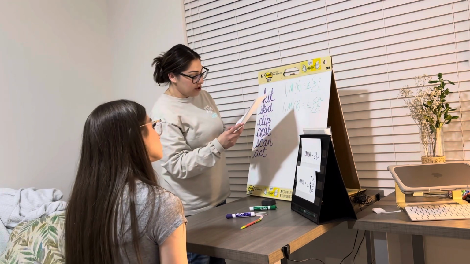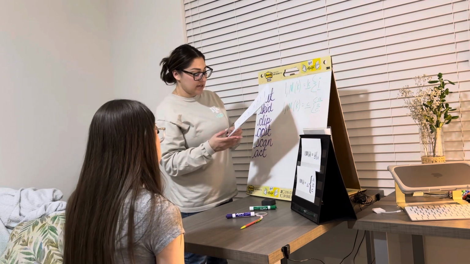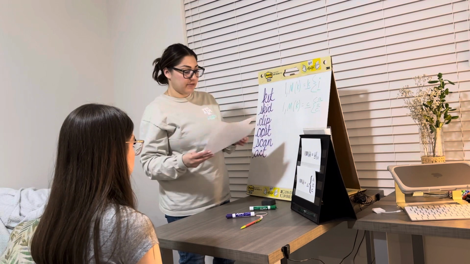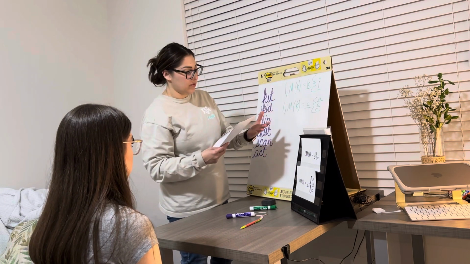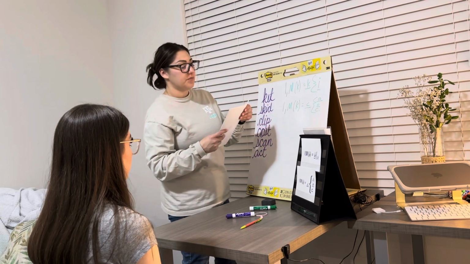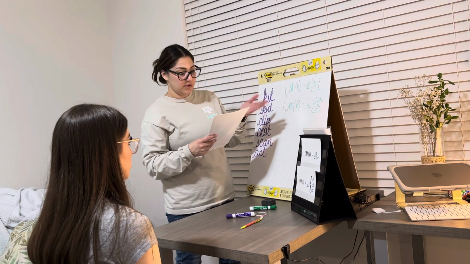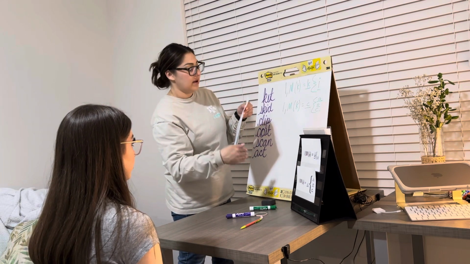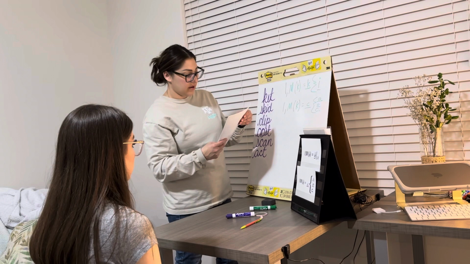Okay, so in order to decide how to spell k, there are 2 things to check. What must you check first? The position of the K, whether it's the initial or the medial. Then you check the sound immediately after the k. Perfect.